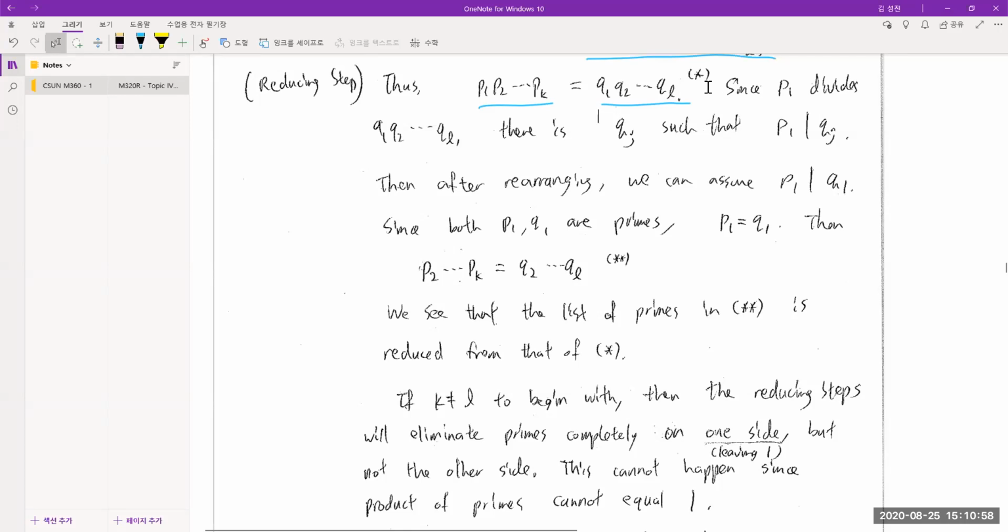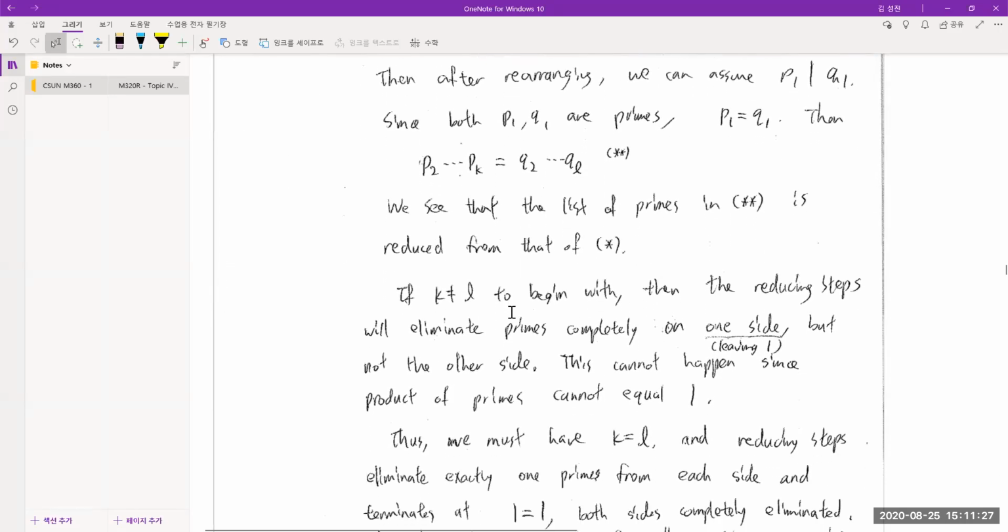So remember this procedure of going from the star to the double star. Comparing the star and the double star, the double star contains just one less prime than the listings of the star. p1 and q1 are removed in the double star.